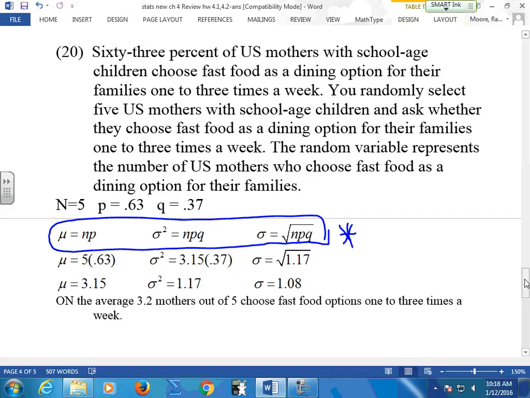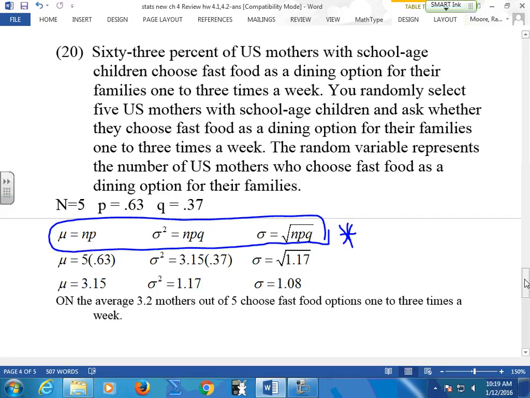And on the average, 3.2 mothers, so you're going to say about 3 mothers out of 5 choose a fast food option for their families 1 to 3 times a week. Yes? Whenever you want to find the mean, the standard deviation, and the variance, you use those.